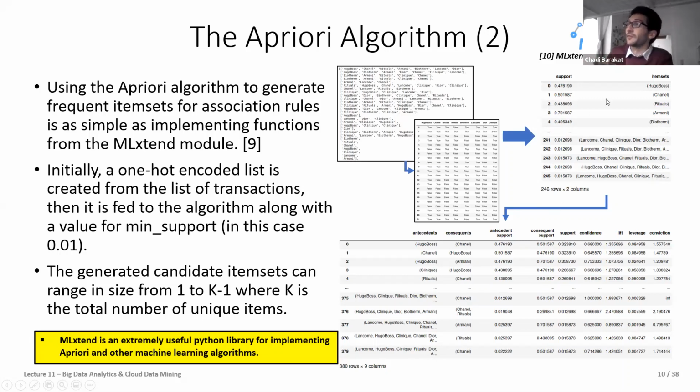But anyway, from those item sets that you have, we apply the a priori algorithm, and that algorithm, based on its minimum support, creates a set of antecedents and consequences. That is, if you have bought Hugo Boss, for example, then you are very likely to buy Chanel. And on the other side, if you buy Chanel, you are very likely to buy Hugo Boss. If you buy all of these products, you are more likely to be recommended a Chanel product, and vice versa.